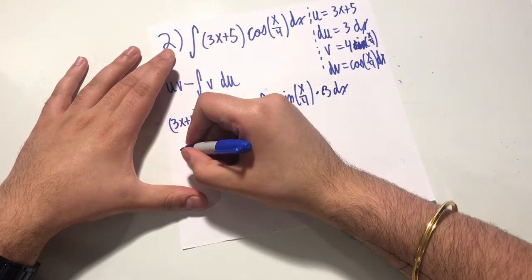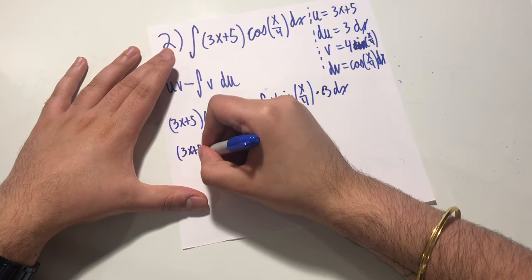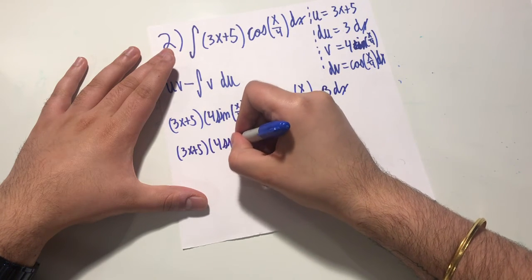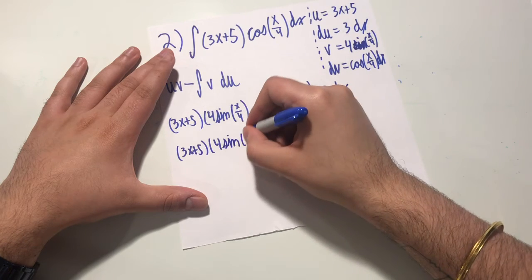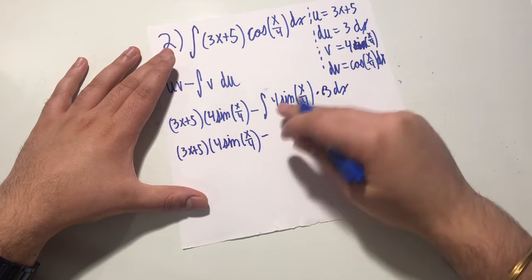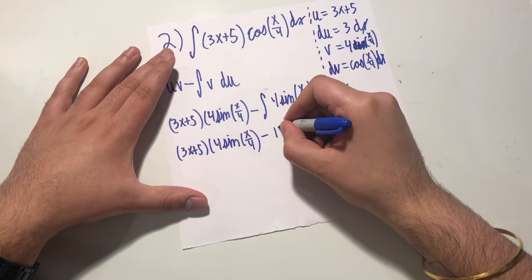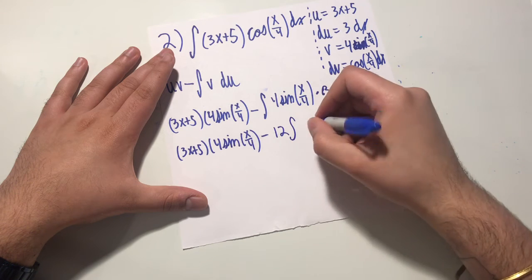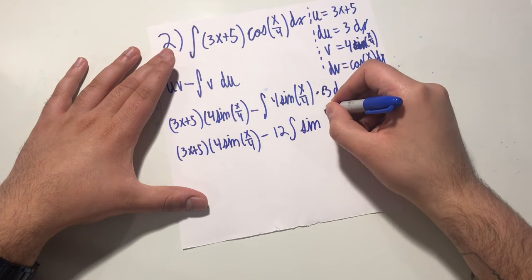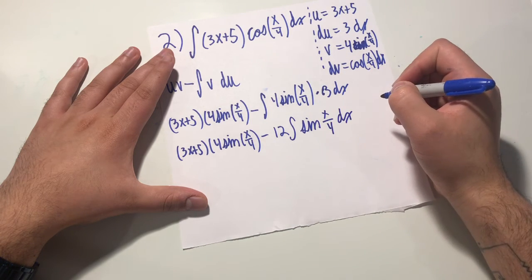So this 3x plus 5 and 4 sine x over 4 stay there, minus 4 times 3 is 12. The 12 gets taken out. So then we're left with the integral of sine x over 4 dx.